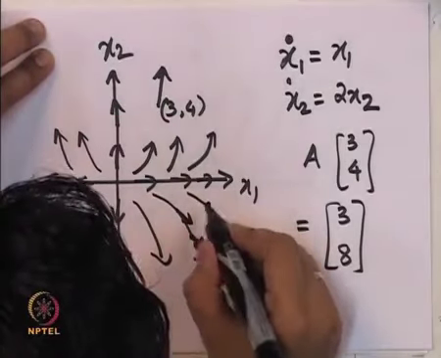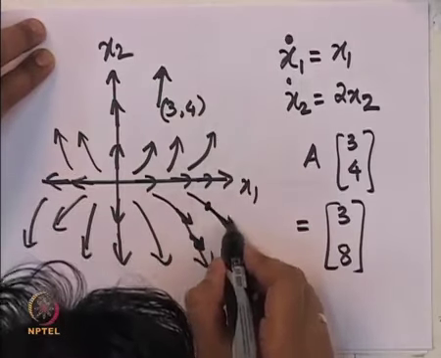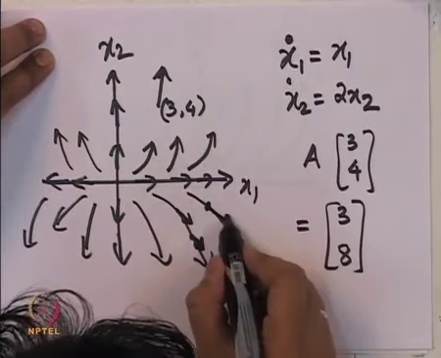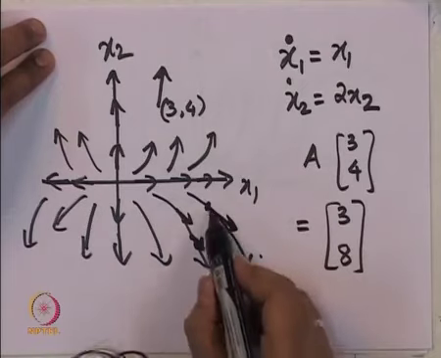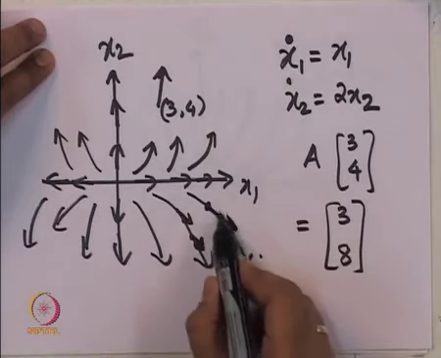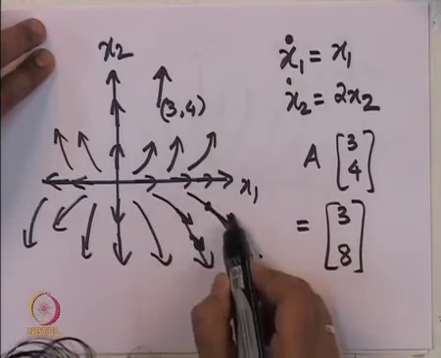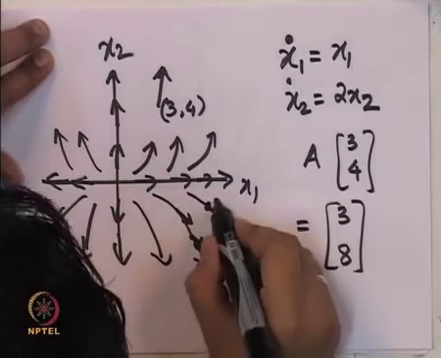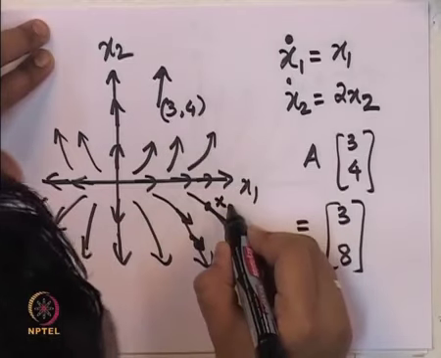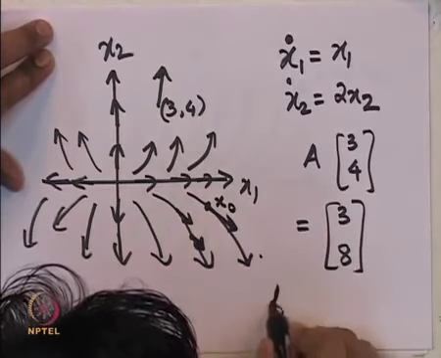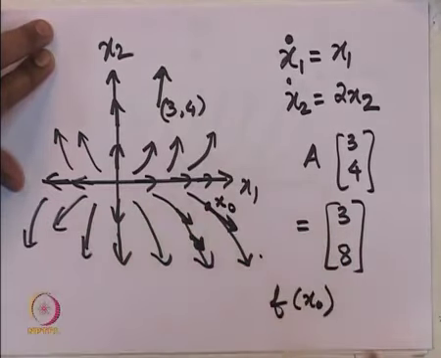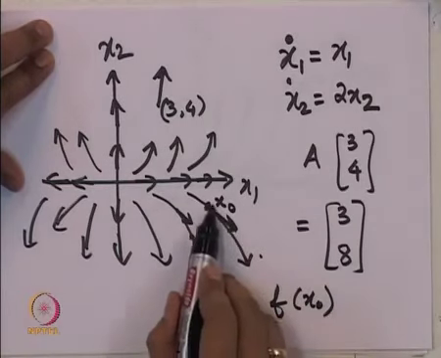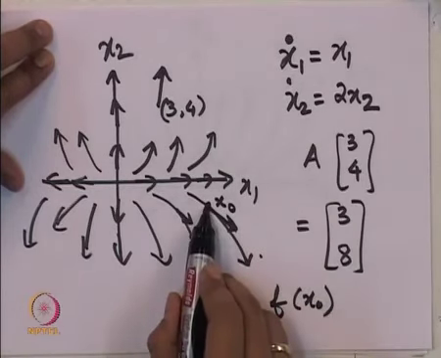So, suppose at this point we draw this particular tangent to this curve, it is this particular arrow. Then this vector starting at this point has some coordinates. What would the coordinates be? If this is a point x0, it is precisely f of x0 which gives the coordinates of this vector, but starting at the point x0.